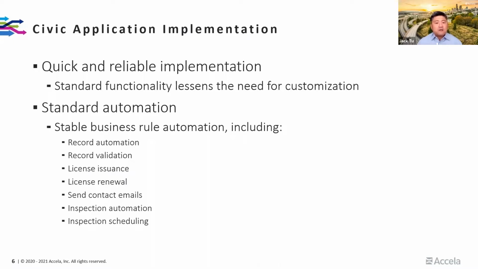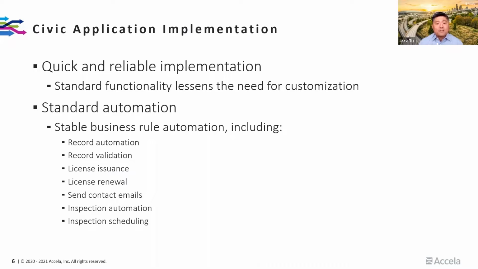And these configurable scripts include the following that you see here. We have record automation, record validation, license issuance, license renewal, send contact emails, inspection automation, and inspection scheduling. So let me go through and provide an example of what each one of these would entail.